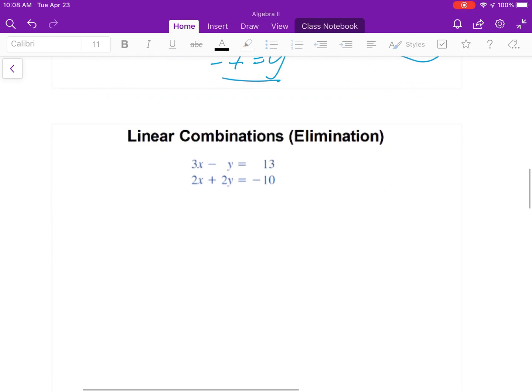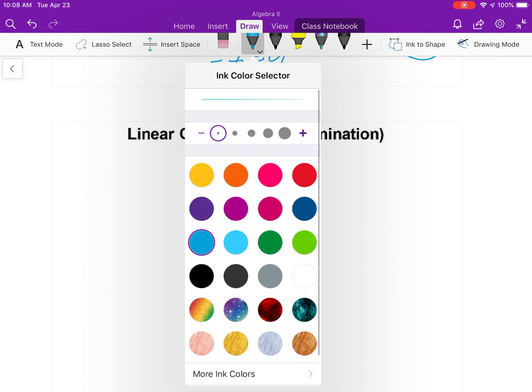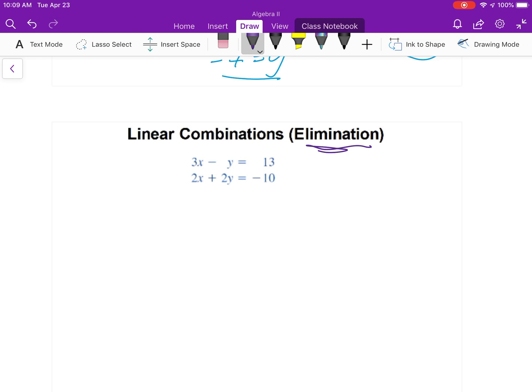Linear combination is what I call elimination, and the reason why I call it elimination is I am trying to get a variable to eliminate. I'm going to add or subtract so that the 2 x's go away or the 2 y's go away, or maybe it's both.